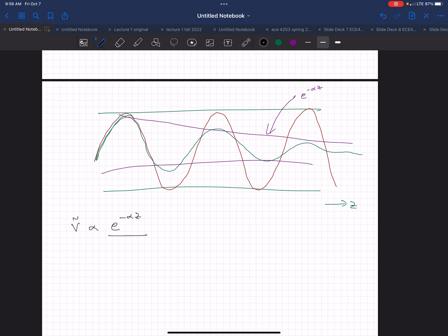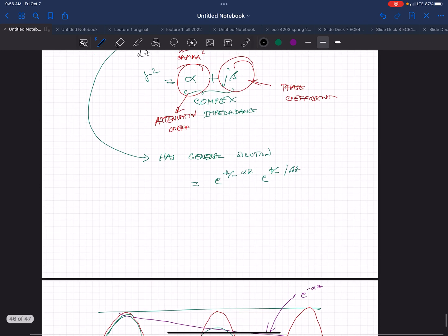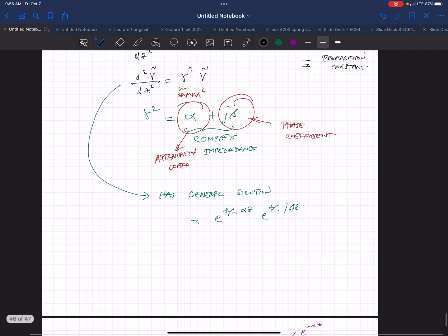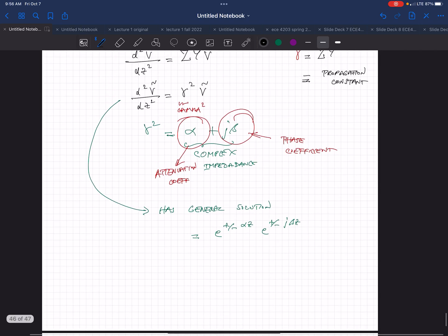Is that equation above this graph a general solution? Yeah, it's a general solution. And what is that in front of the alpha z? Is that a plus minus? Yeah, it's plus minus. So you end up with e to the minus alpha z, e to the minus j beta z.